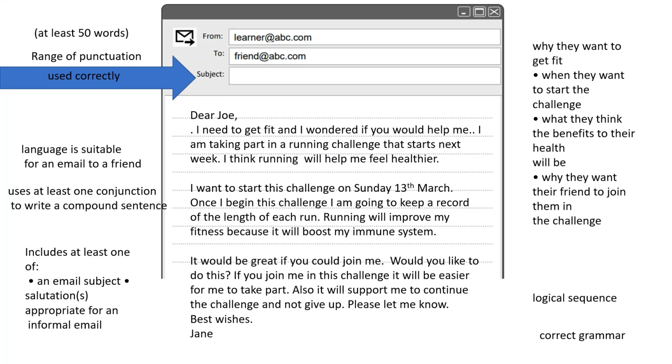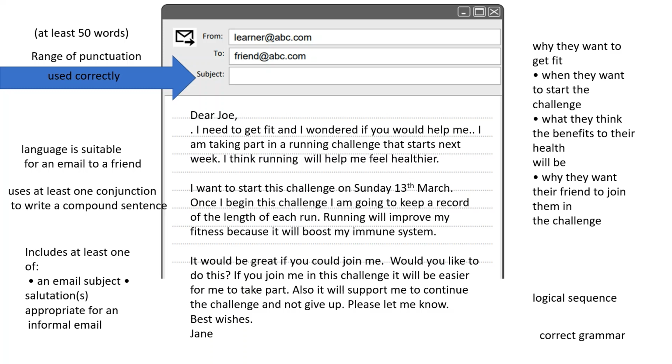Yes, well done. You can see here that the candidate has used a compound sentence and has used at least one conjunction. I can see there a couple of ands. There's not anything more than and, so I might get marks for this, but I could perhaps have added in some different connectives, some different conjunctions there.